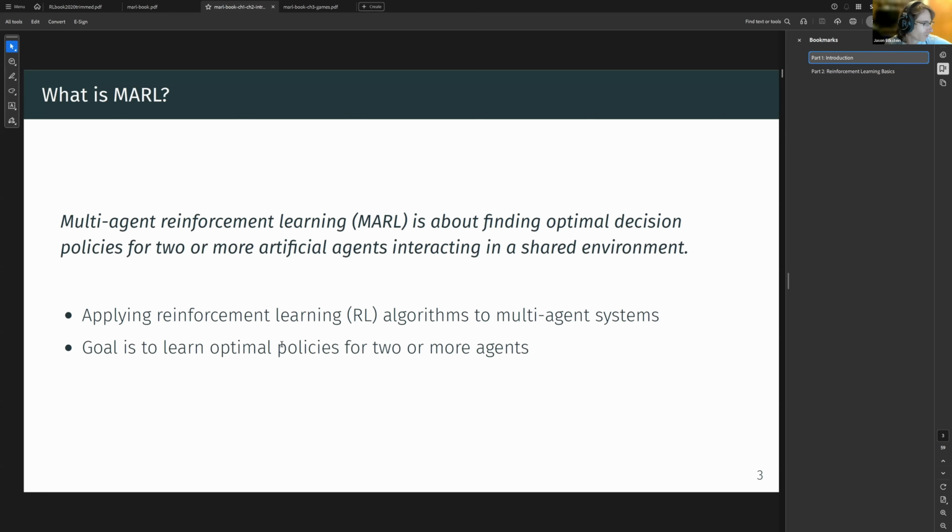And this notion of optimal policy also becomes significantly more complicated with multi agents than with single agent. In fact, there isn't even really a clear definition of what optimal means in a lot of cases. And you have to add more constraints to the problem before you can even determine what this optimal behavior would even be.